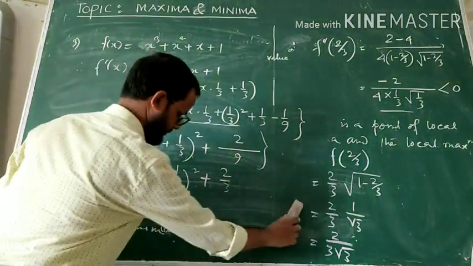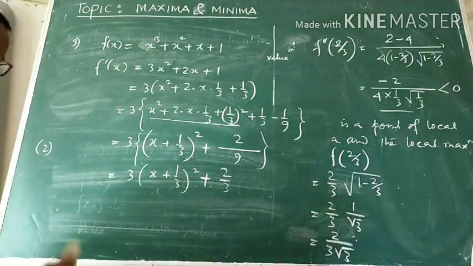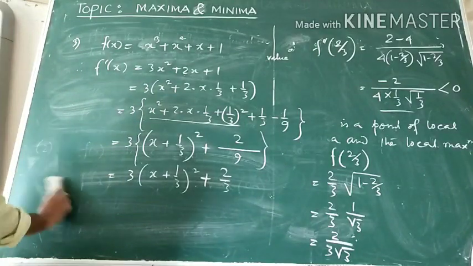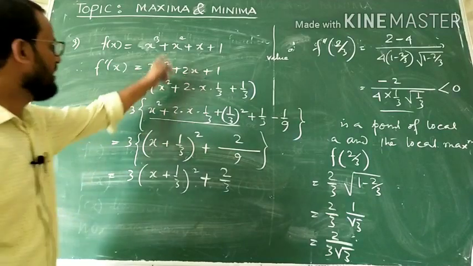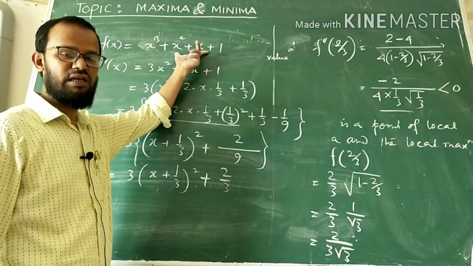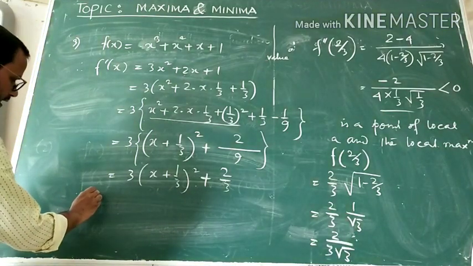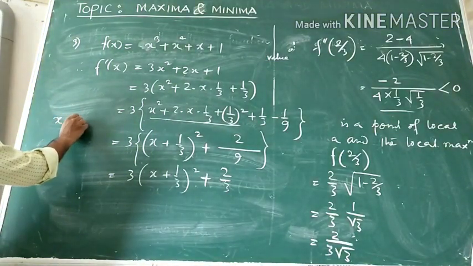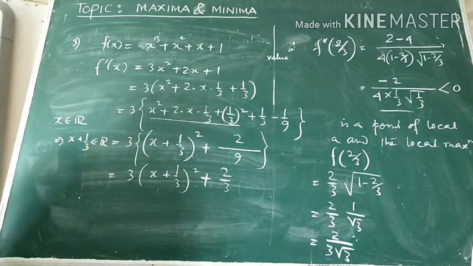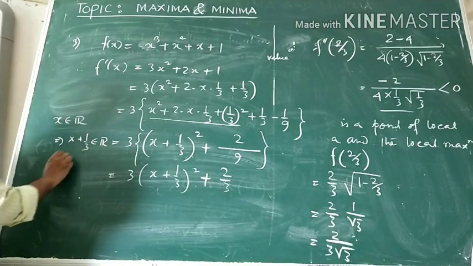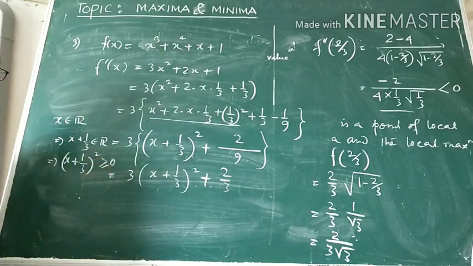Now very interesting, what is your x? The domain of the function is the set of real numbers, therefore x belongs to R. Since x belongs to R, it implies x plus 1 by 3 also belongs to R. And the square of a real number, x plus 1 by 3 whole square, is always greater than or equal to 0.